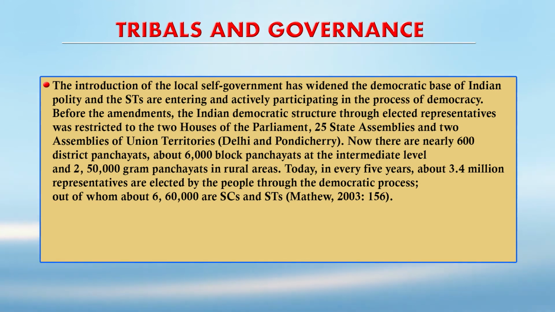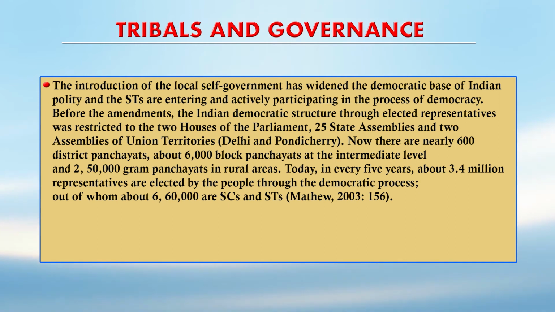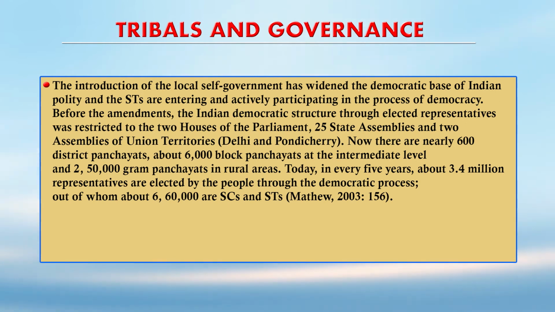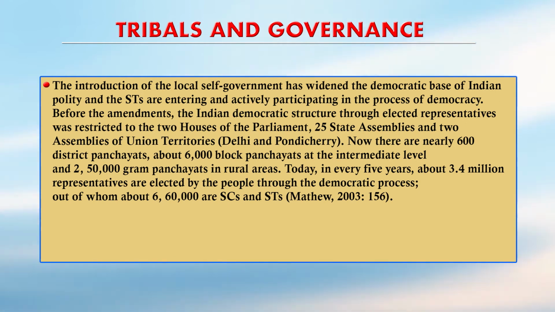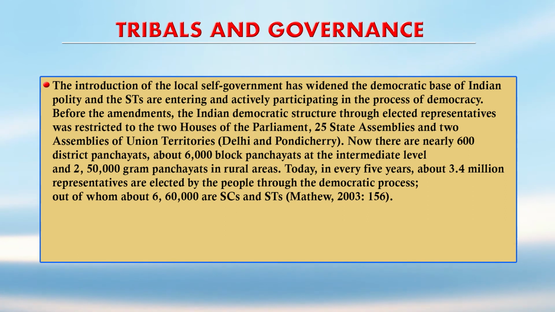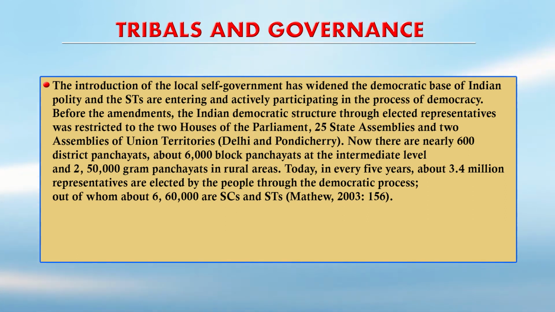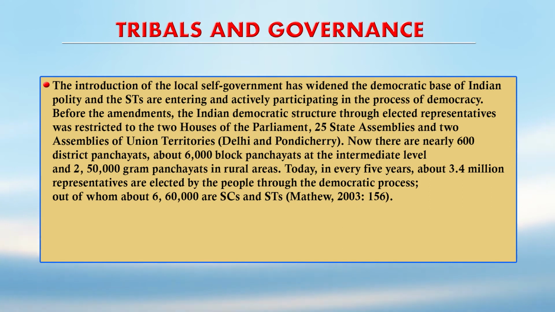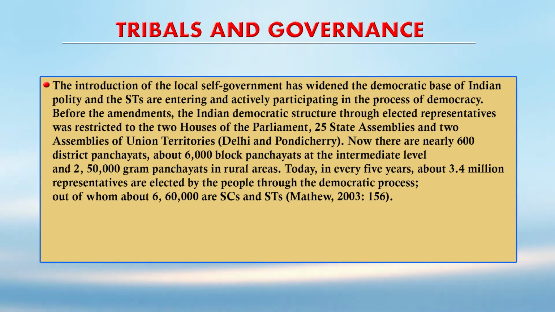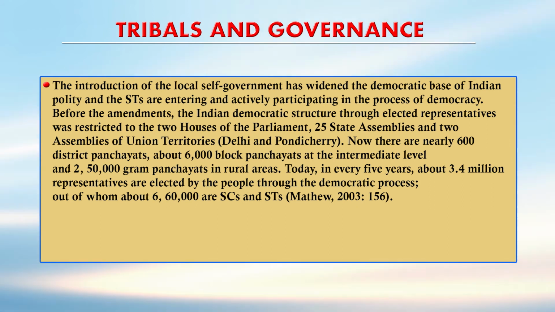Now, there are nearly 600 district panchayats, about 6,000 block panchayats at the intermediate level, and 2,50,000 gram panchayats in rural areas. Today, in every 5 years, about 3.4 million representatives are elected by the people through the democratic process, out of whom about 6,60,000 are SCs and STs.